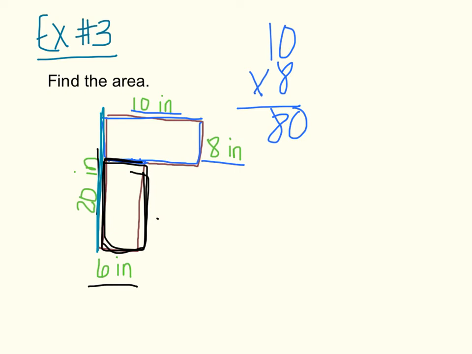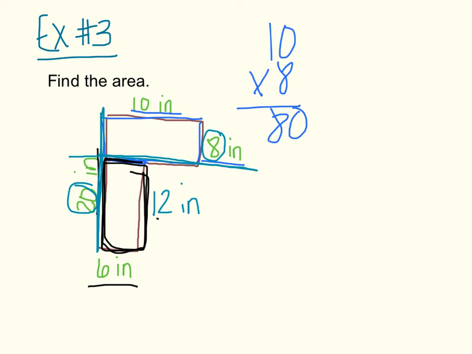When we took off this rectangle, we took off the 8 inches of that side. So we can take 20 minus 8, which gives us 12. So this side by itself is 12 inches. If we were talking about the whole side, it would be 20. But we only have a small portion of it, so it's 12. I did 20 minus 8.